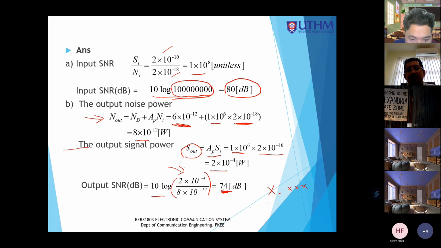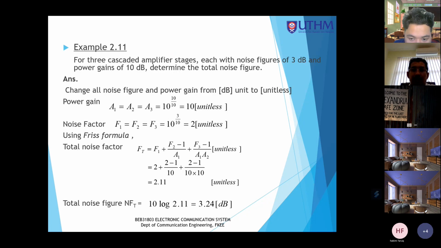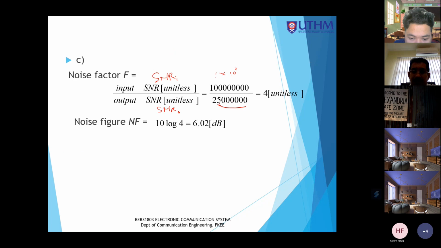So kalau you kira, you akan dapat 25 juta. Okay, 1, 2, 3, 4, 5, 6, 25 million. Okay, that means 25 times 10 power of 6. So therefore, you're gonna get the answer is 4. Okay, ini boleh cuba. Cuba guna calculator, please. Open your calculator and try to calculate.